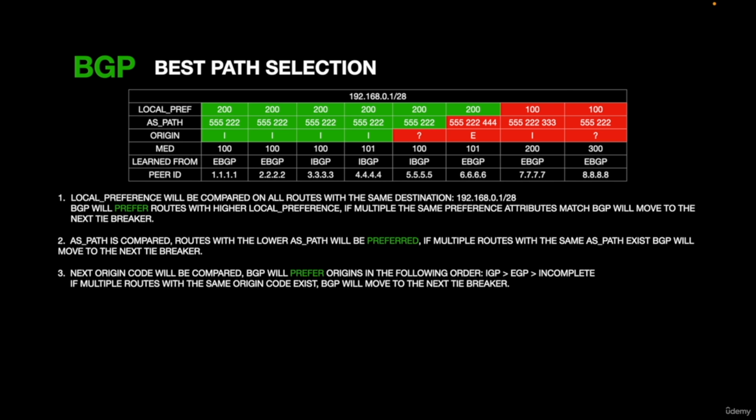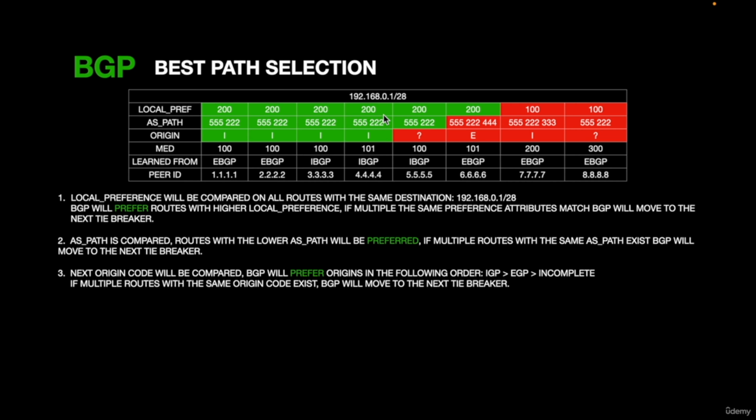Now BGP will prefer the routes with lowest origin code, or let's say better origin code. And the origin codes are preferred in this order. IGP will be preferred over EGP, and EGP will be preferred over incomplete routes. And if multiple routes with the same origin code exist, BGP will move to the next tiebreaker.